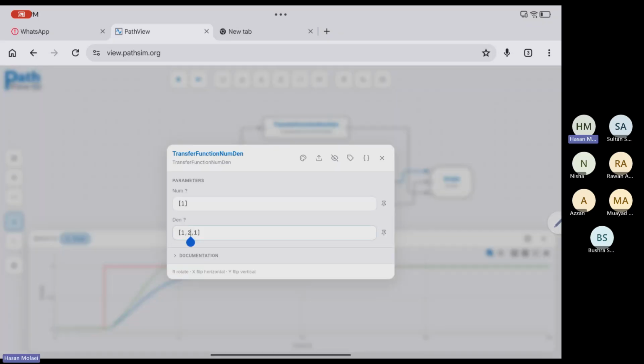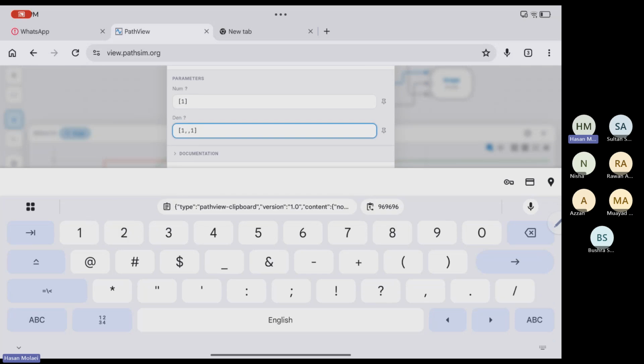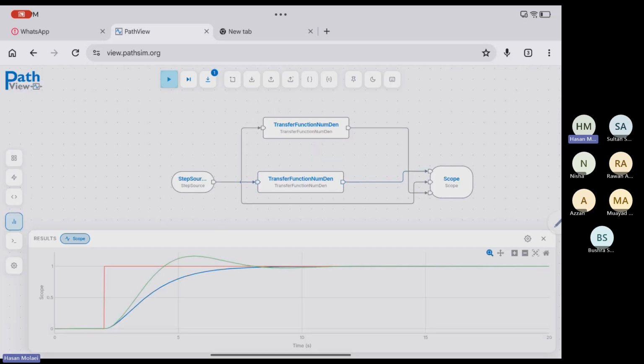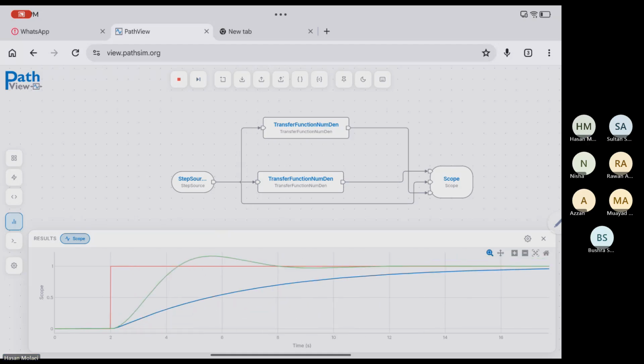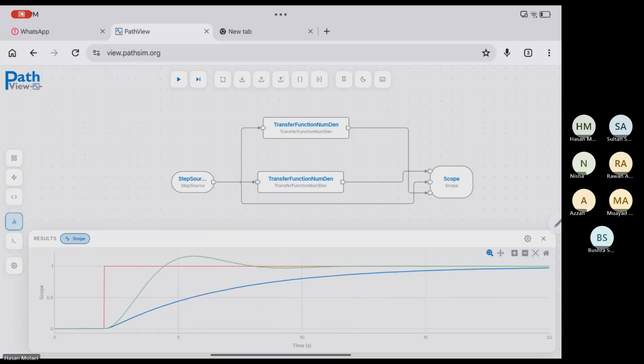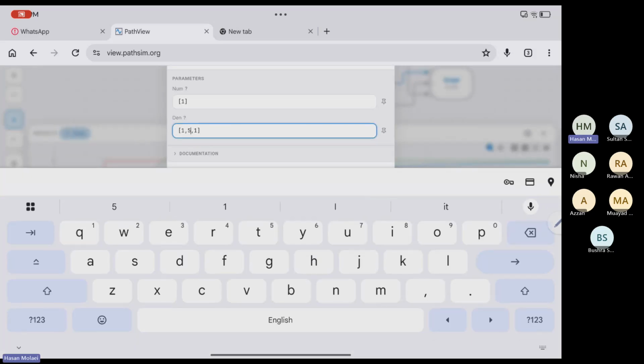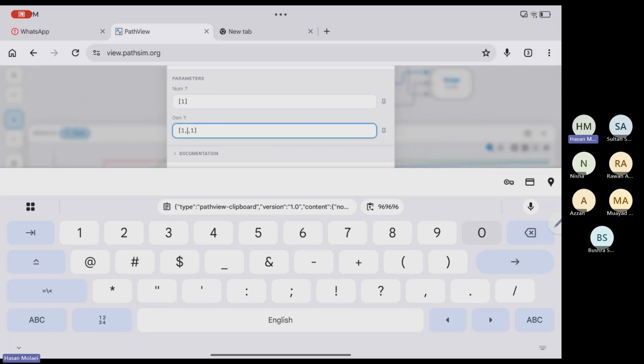If I increase damping factor, for example to 5, I'm going to overdamped. You can see it's much slower. What happens if I take the damping factor equal to 0?